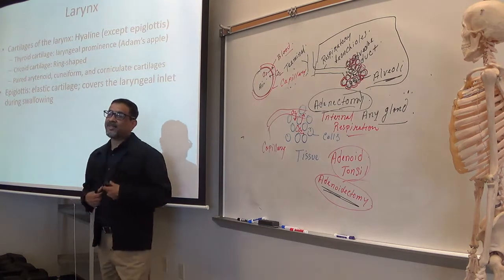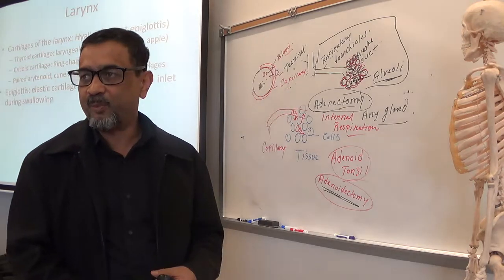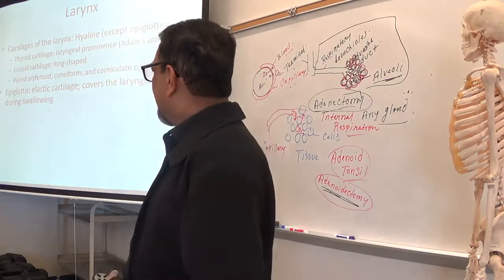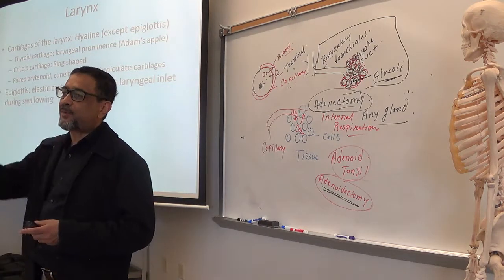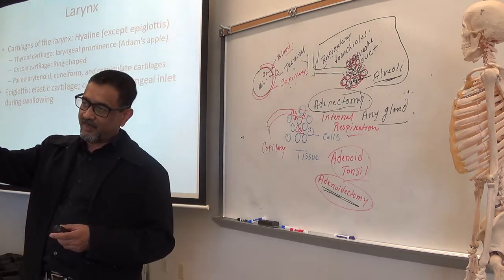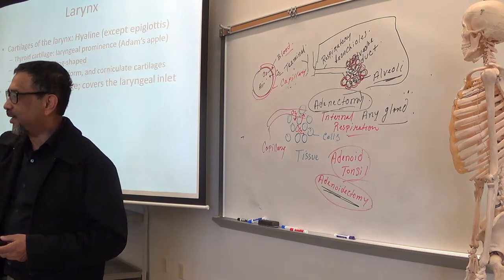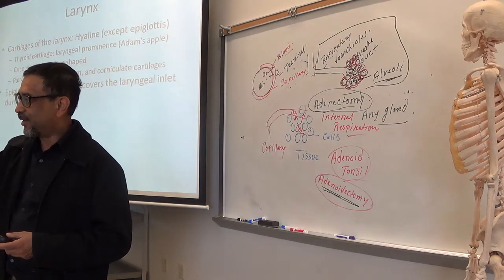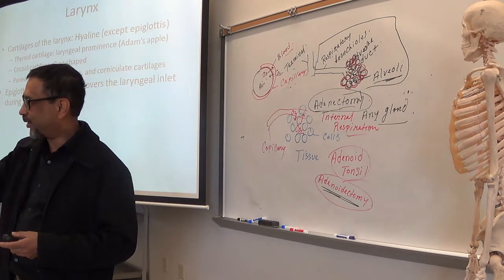Larynx, I said, is a cartilaginous tube, which is also called the voice box. Now there are two types of cartilages in the larynx. Some cartilages are single, only one, and some are paired, same but two in number. Is it clear?